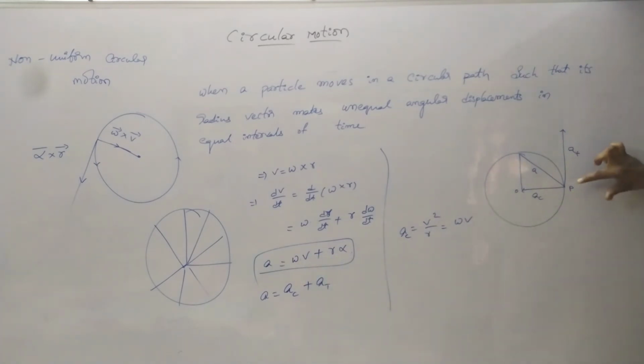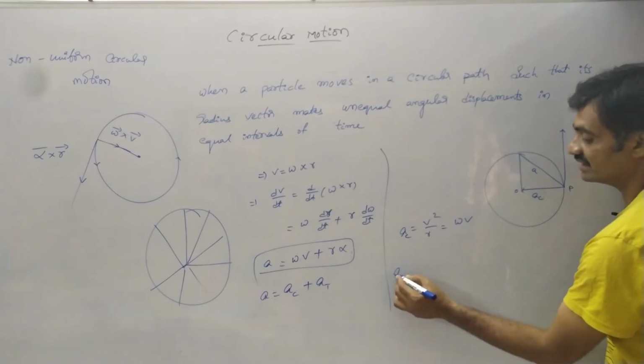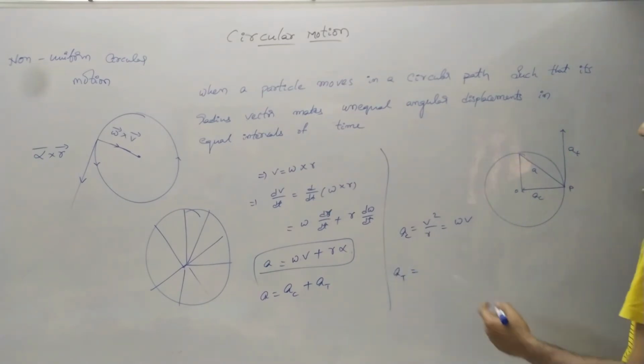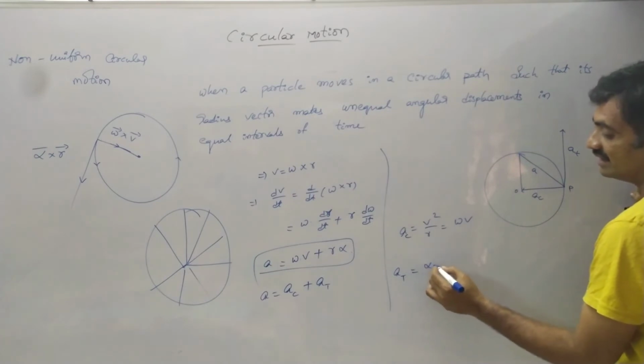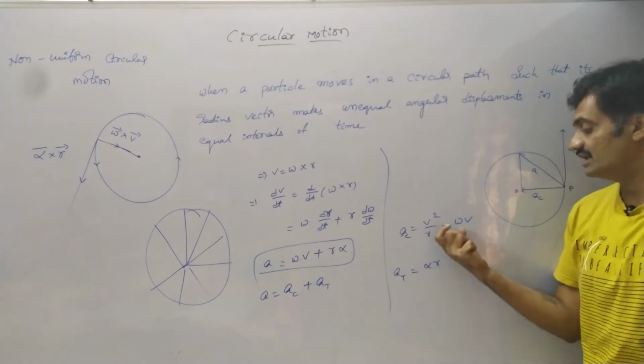The tangential acceleration, which acts tangentially to the motion of the body, is a suffix t equals r alpha.